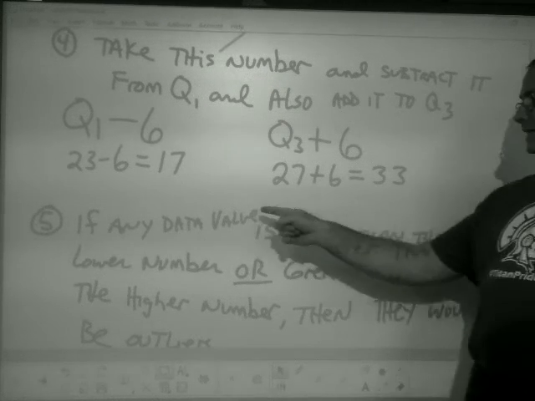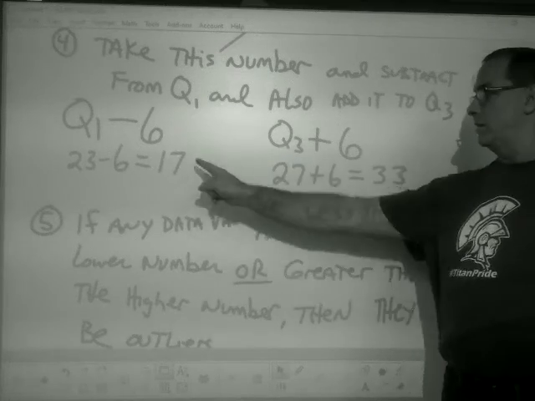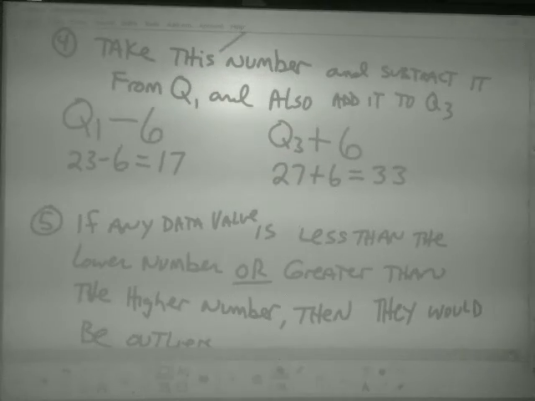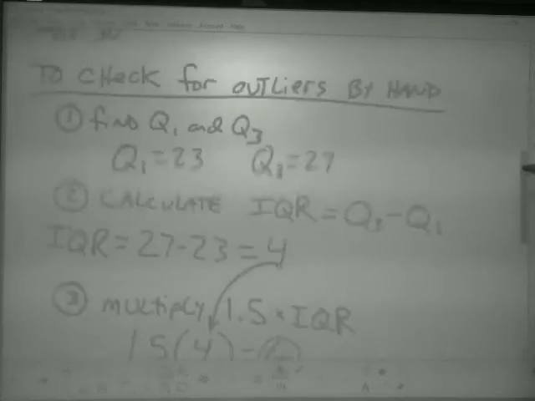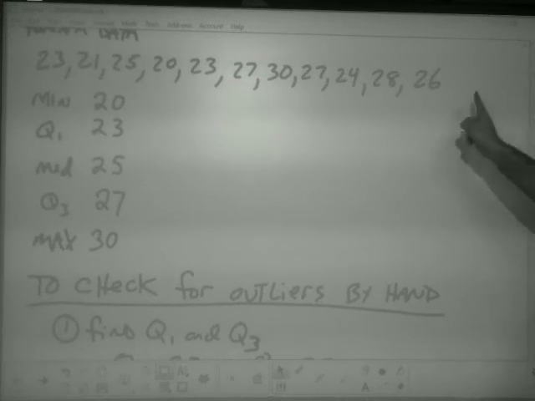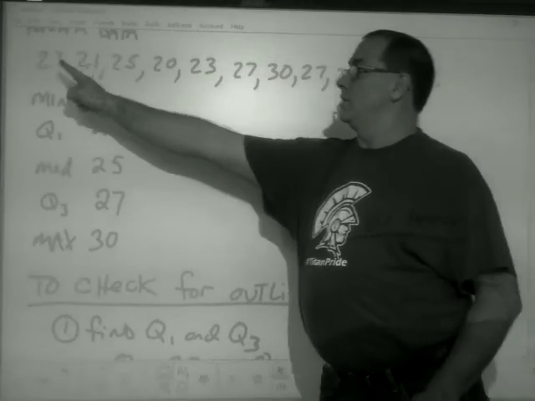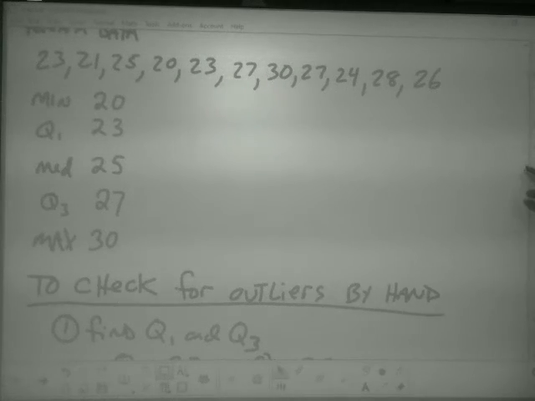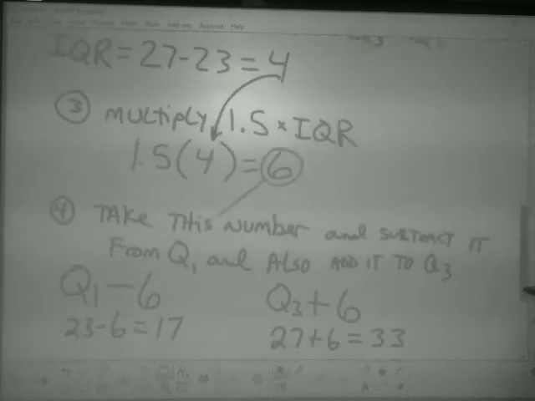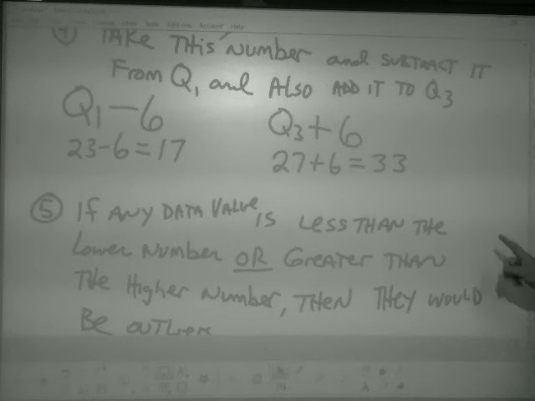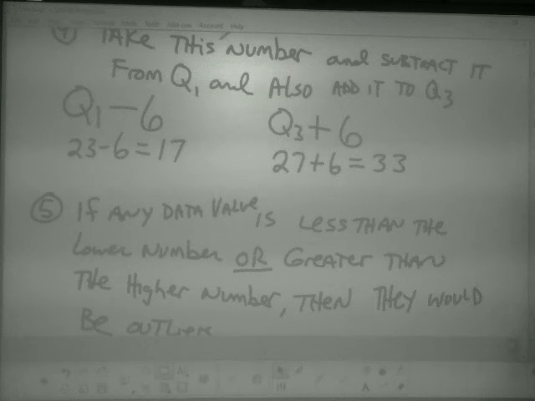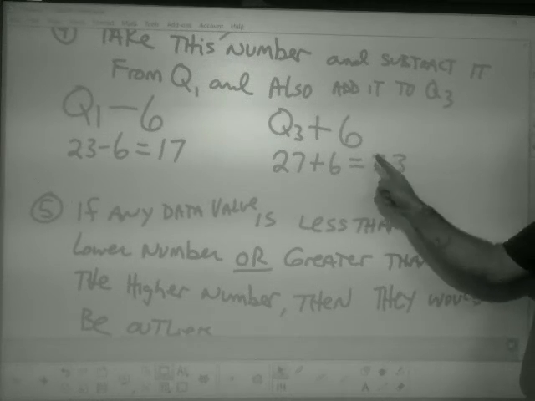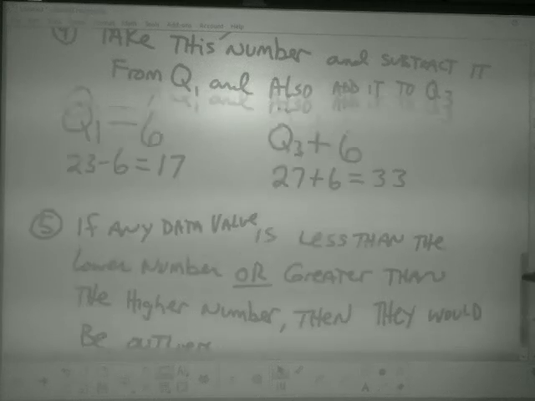So if any data value is less than this number, so I'm looking for numbers less than 17. Are any of these numbers less than 17? No. So we have no low outlier. Let's check the other thing. Or greater than the higher number. Do we have any values higher than 33?